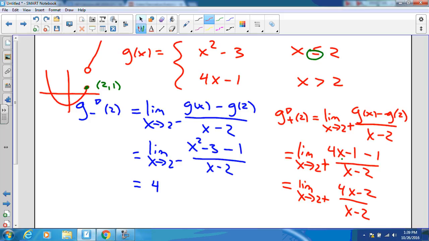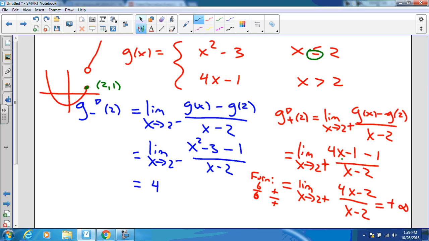Not 0, 6 over 0, yeah, which tells me that my limit is going to be infinite. Ooh. And specifically, as I check the signs here, I see that the top is going to be positive, bottom is going to be positive, and I get positive infinity for this derivative.